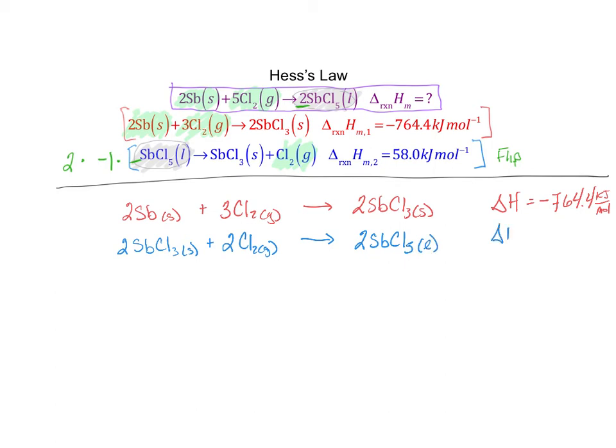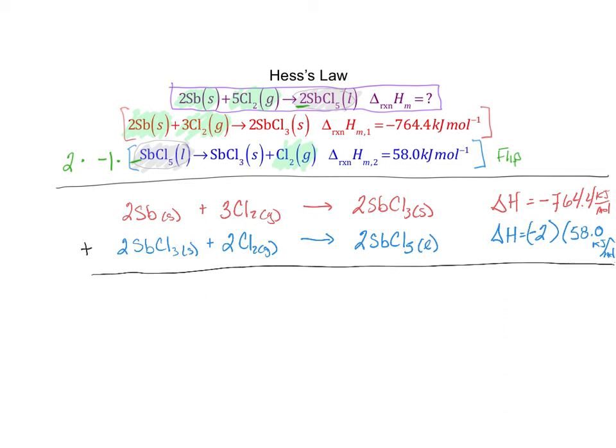Now, the delta H is going to be equal to a -2 times this 58.0 kilojoules per mole, because whatever I do to the reaction, I have to also do to the delta H value.